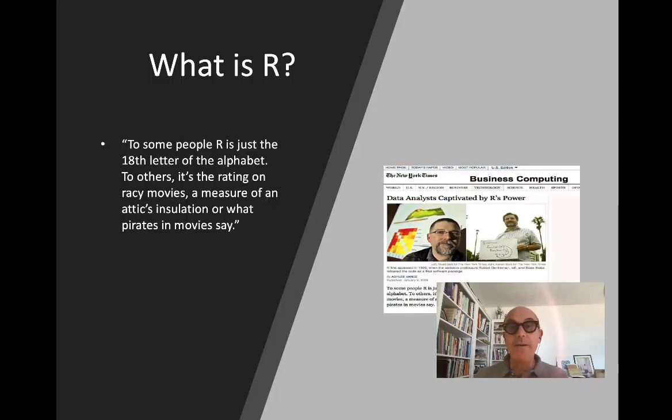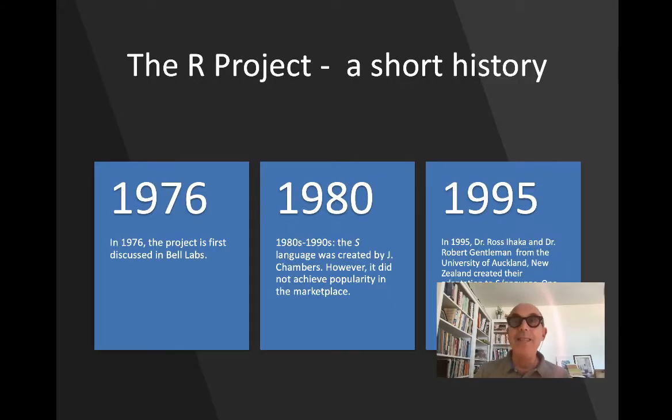Open source R, as I said to you, is not only the 18th letter of the alphabet, but it has a story behind it. And the story of the R started in 1976 when the first project was discussed in Bell Lab.